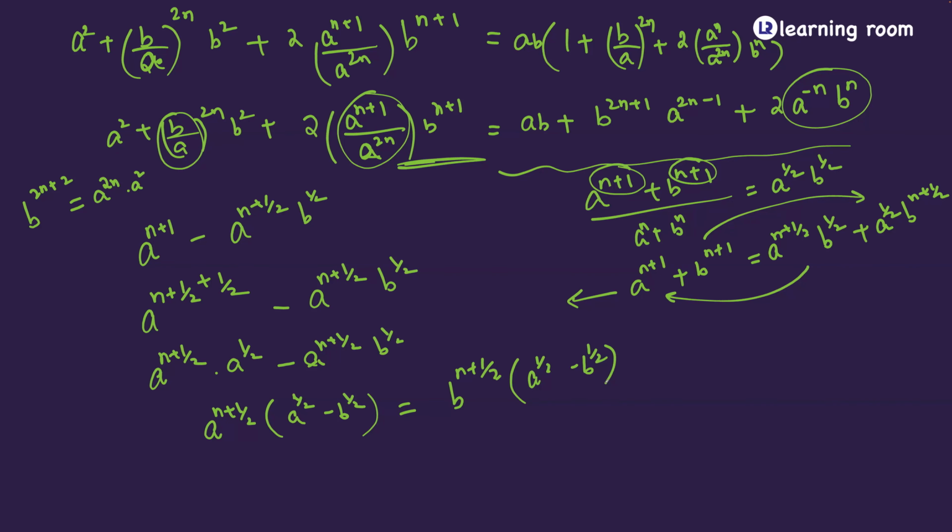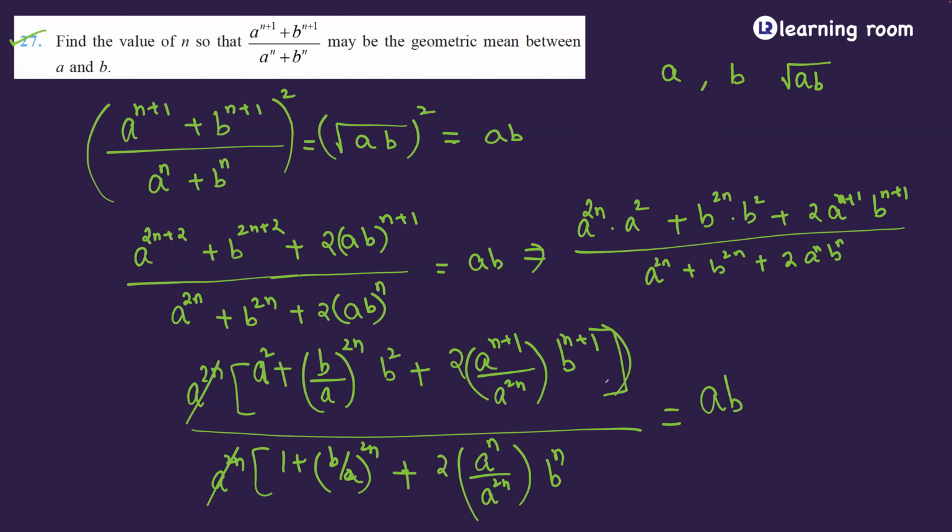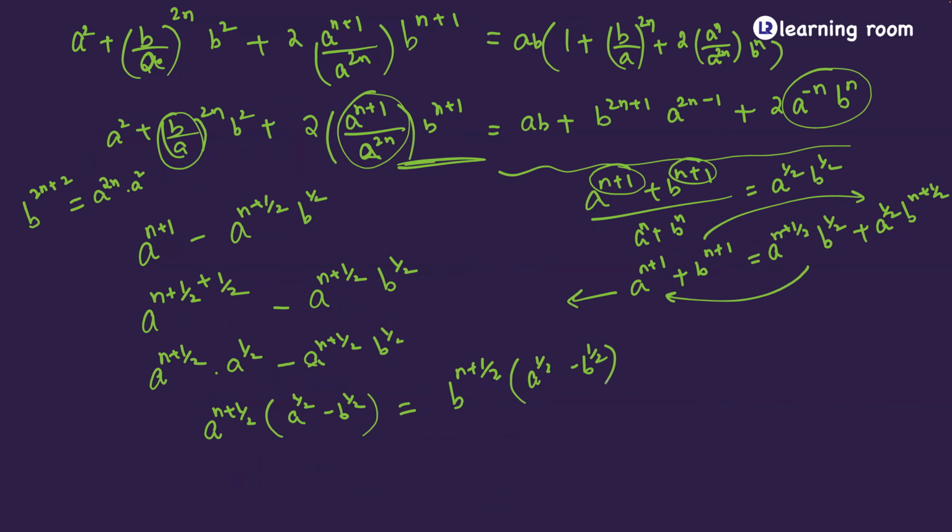In the question, did they give that a is not equal to b? Obviously a is not equal to b. When that is the case, a power half minus b power half should get cancelled. So you will have a by b raised to the power of n plus half is equal to 1. Am I clear with this step? How can I write this 1 in terms of a by b?